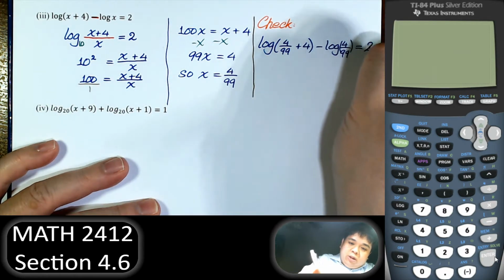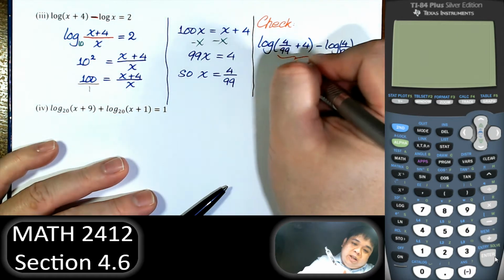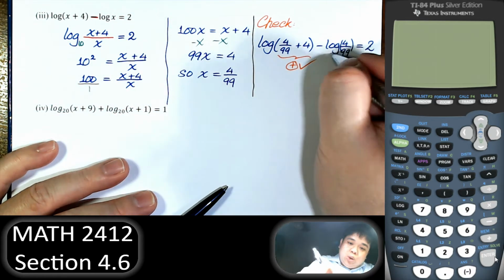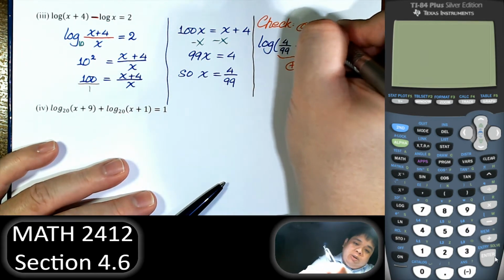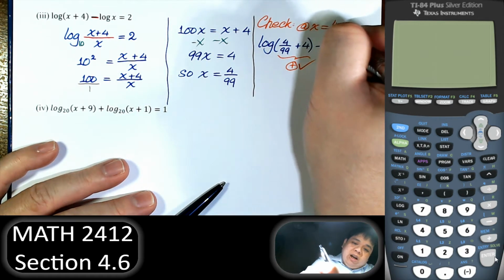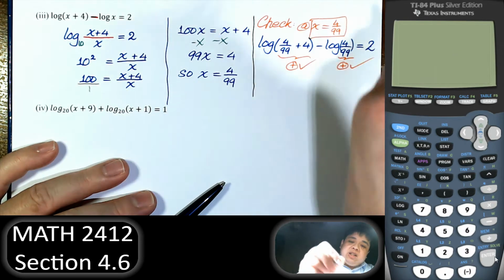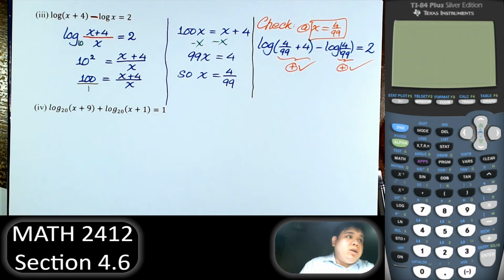It should be equal to 2. Here we have the positive inside the log, so that's good. This also positive, so that's also good. So x equal to 4 over 99 is the solution. We only have one. Of course we can also check by saying log of 4 over 99 plus 4 subtract log of 4 over 99, we have 2, so that's good.